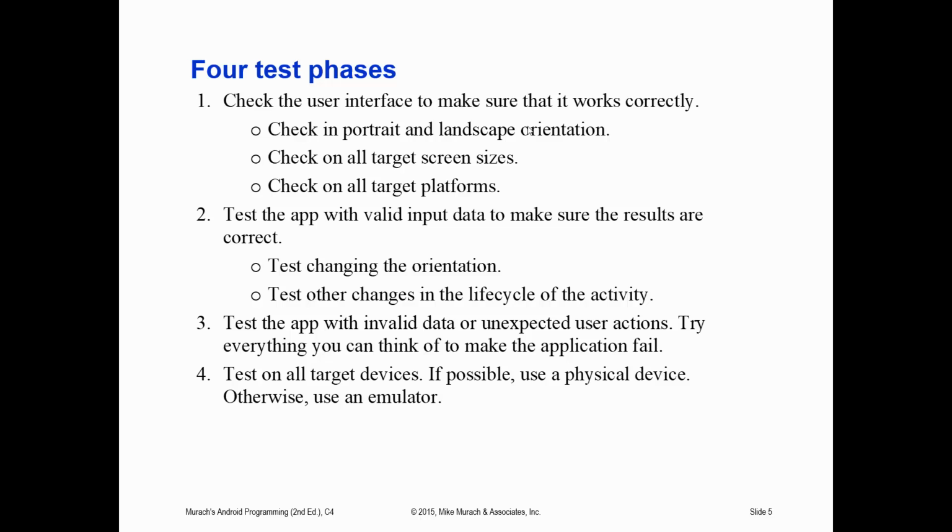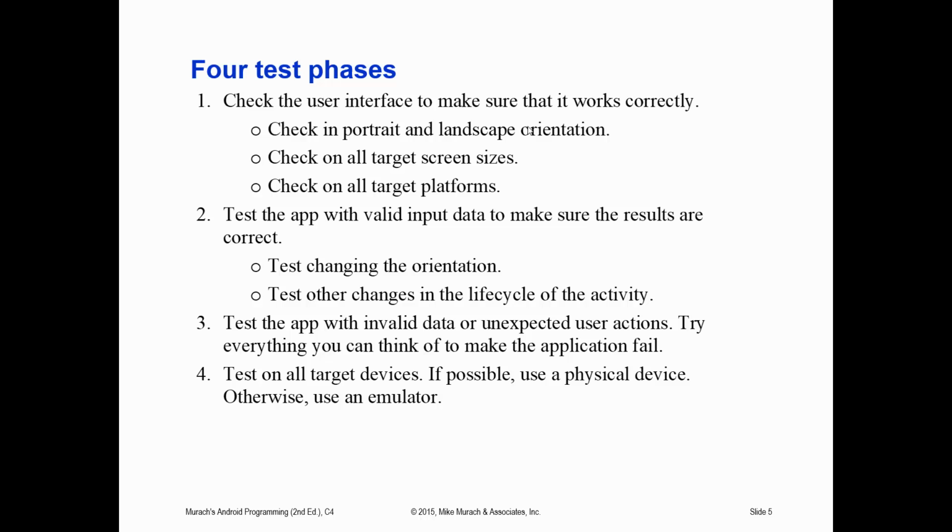Now, the author mentions here a 4-step phase for testing your app. In the first phase, you check to make sure the interface works as it's supposed to. They give you an example here that if your app is supposed to work in both portrait and landscape orientation, that it does so. You want to check it on different screen sizes. You want to check that it runs on any kind of platform.